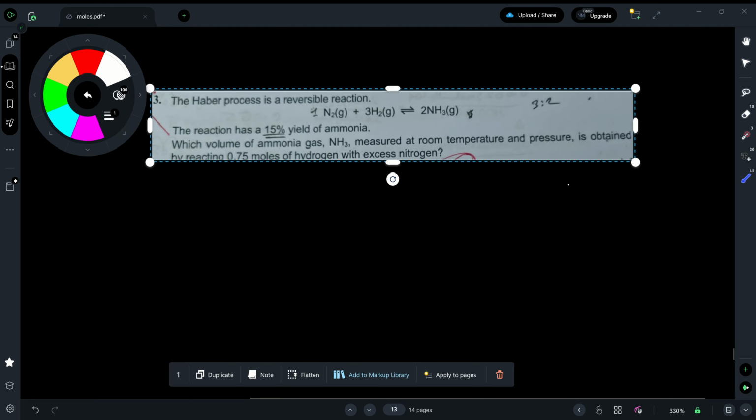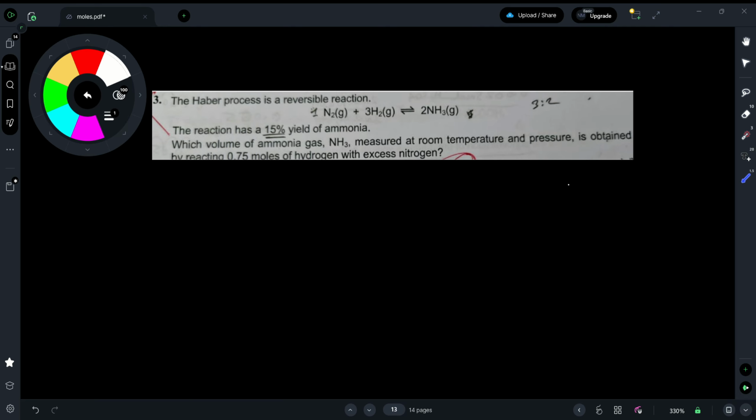The Haber process is a reversible reaction. The reaction has a 15% yield of ammonia. Okay, so first things first, we've been given the moles of hydrogen, and we actually have also been given the percentage yield of our reaction, but we'll see this later.